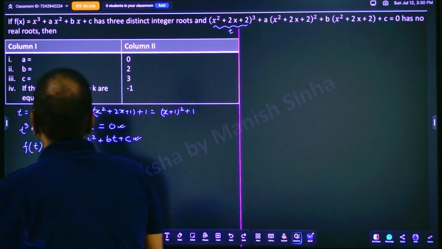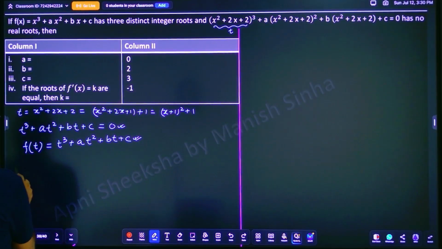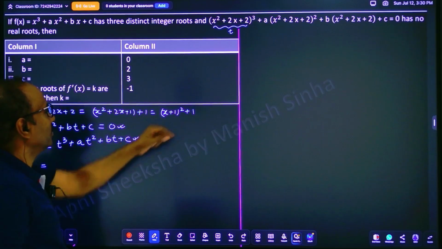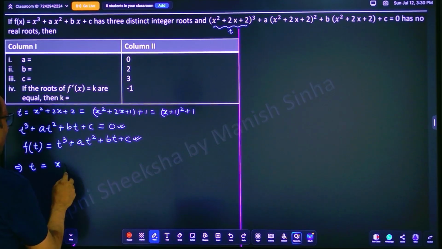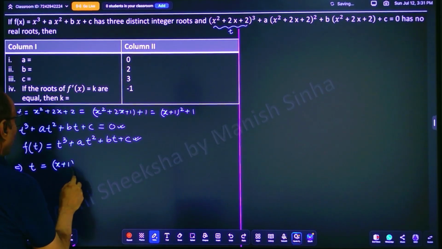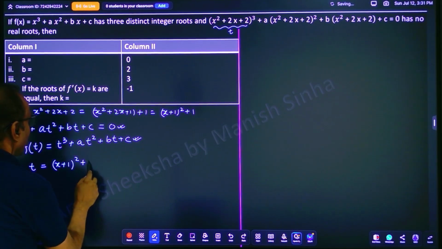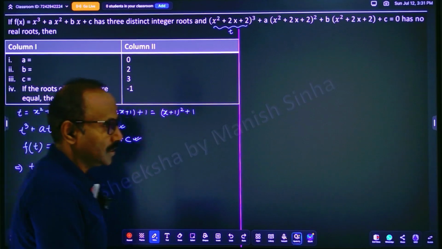So your t is equal to (x plus 1) square plus 1.